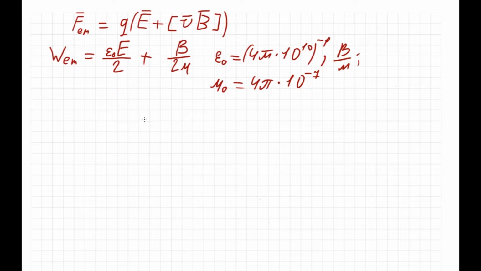electromagnetic field. Electromagnetic field has, like any substance, a mass expressed by this formula: m electromagnetic equals electromagnetic energy divided by light speed to the power 2.